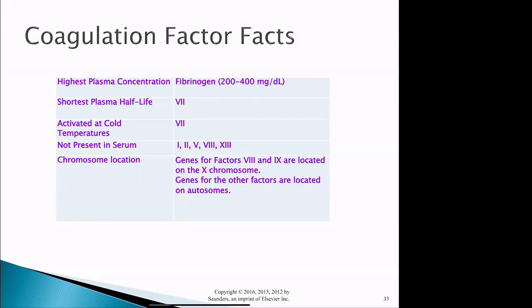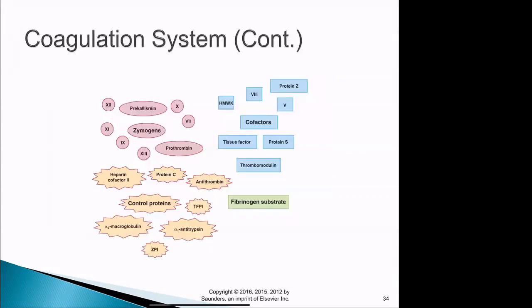The X chromosome is the sex chromosome, right? That makes a big difference, because these conditions, hemophilia A and B, have to do with factor 8 and factor 9, and these are passed down from parents, from the X chromosome.